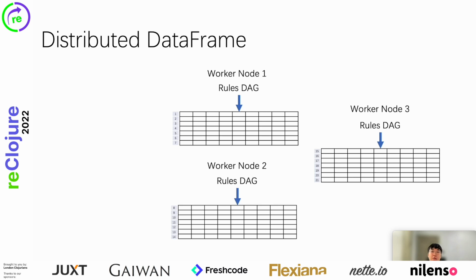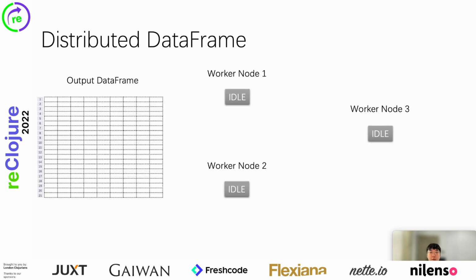Here I just demonstrate an ideal and simplest case of distributed computing. After computation, the worker nodes will pass the results to the output data frame, which will be either in memory or in a distributed file system or even in the local file system, depending on different platforms.